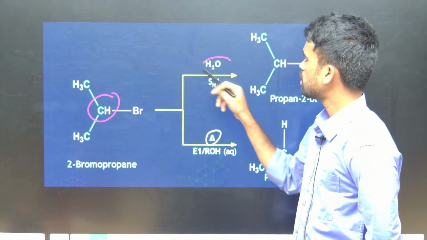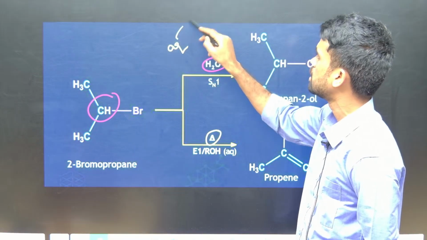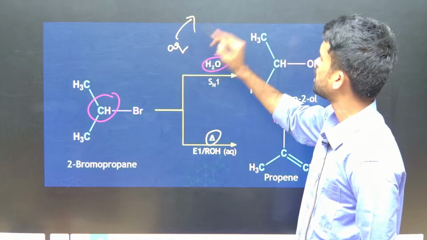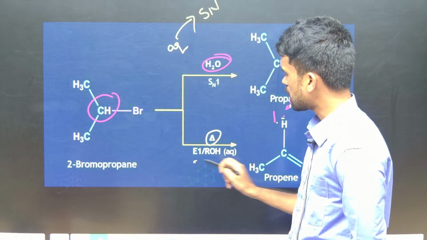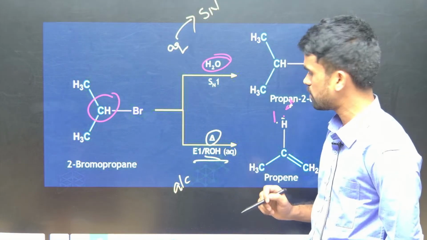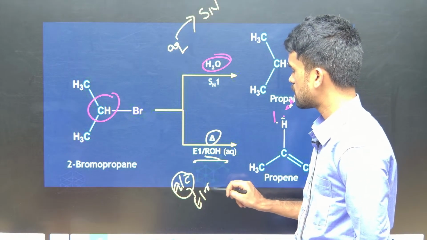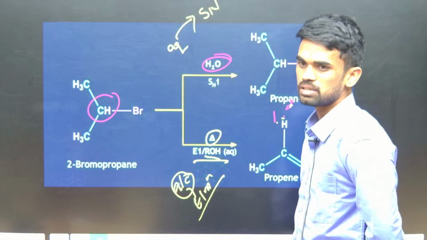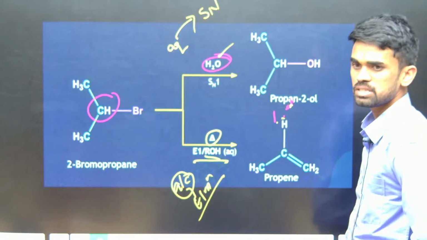Again, the effect of solvent: an aqueous, polar protic medium favors substitution reaction, whereas an alcoholic medium, like alcoholic KOH, favors elimination. Alcoholic solvent favors elimination; normal aqueous solvent favors substitution.